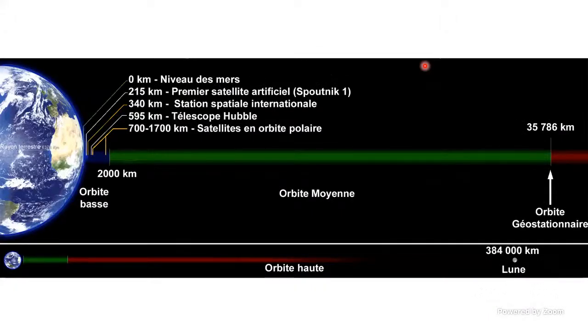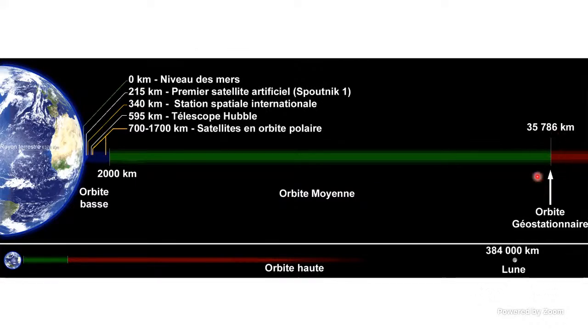To talk about remote sensing, let's talk about the heights, or let's say the orbits, in which we can put the satellites. There are 3 orbits: low orbits, medium orbits, and very high orbits.